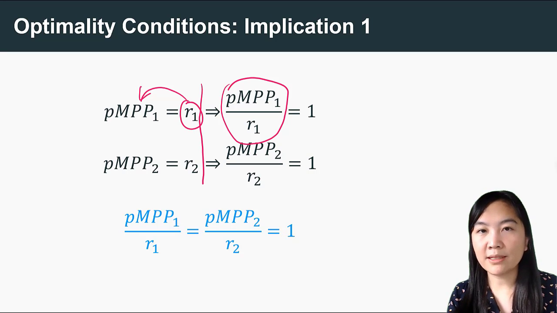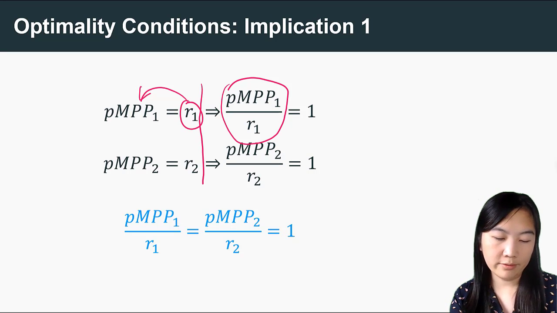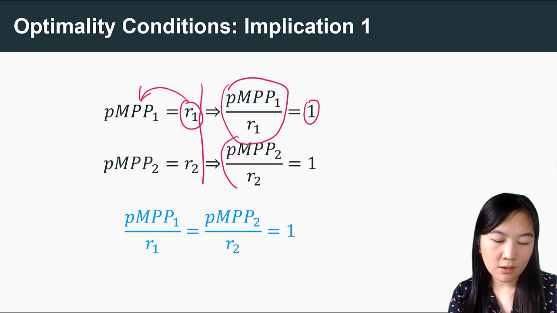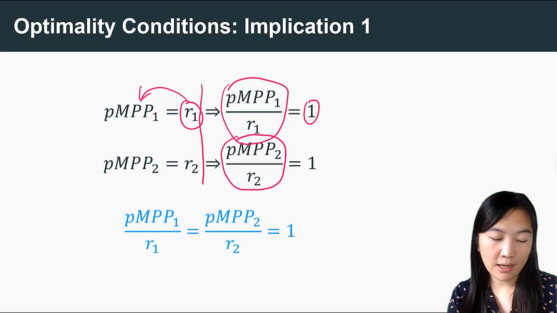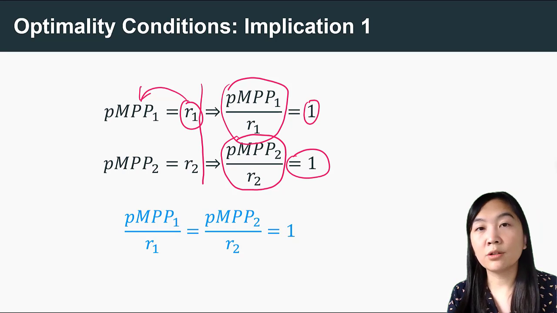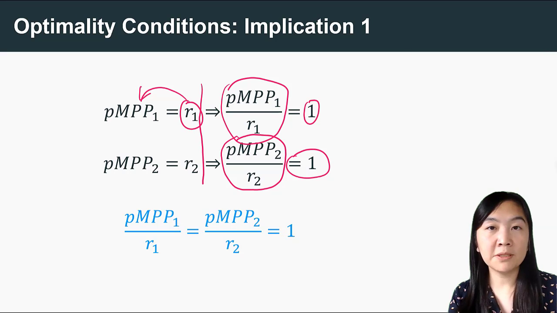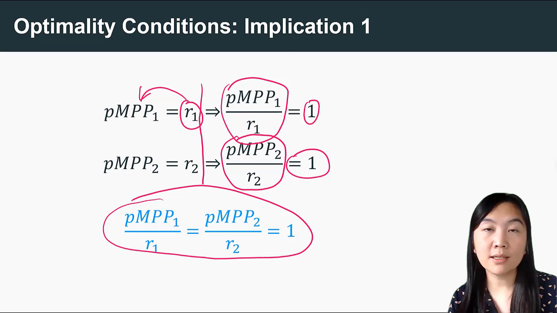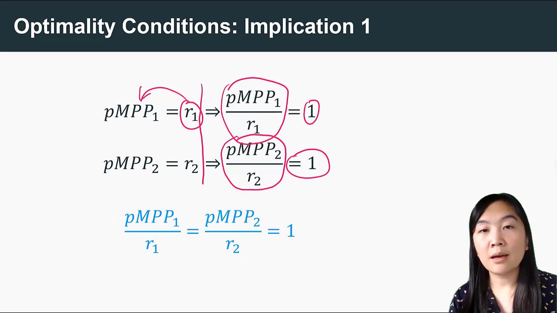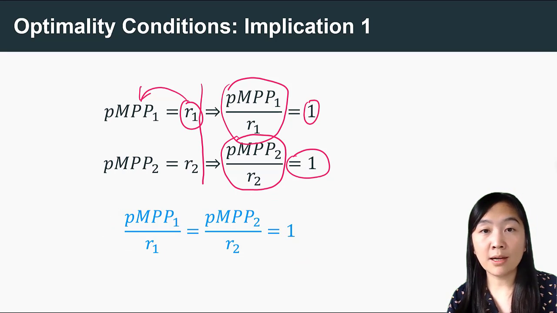I will explain what that means economically, but first let's focus on the condition. This is equal to 1. We can do the same thing to the second optimality condition, and again, that term equals 1. So the two optimality conditions can be summarized into this one condition: P times MPP1 over R1 equals P times MPP2 over R2 equals 1.